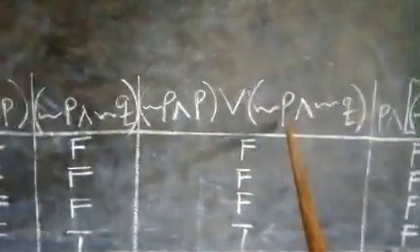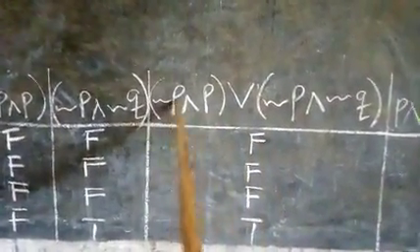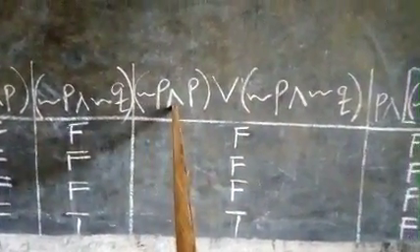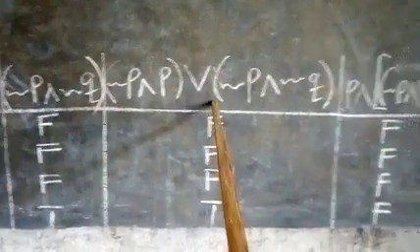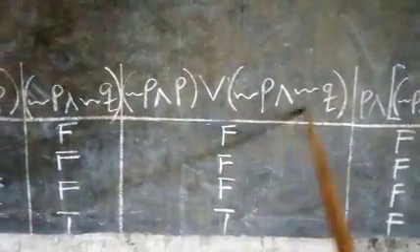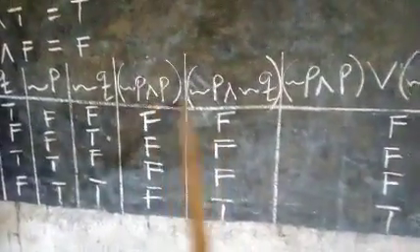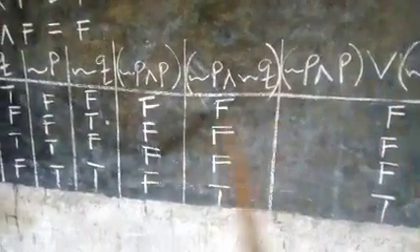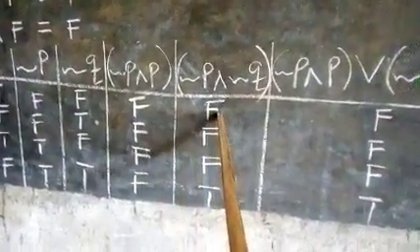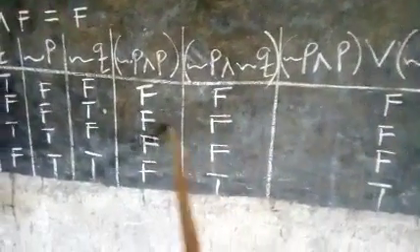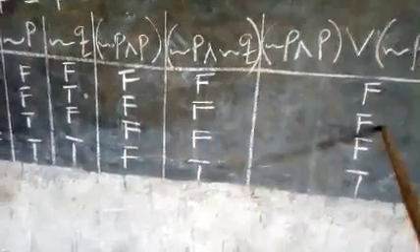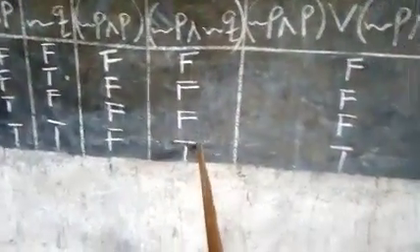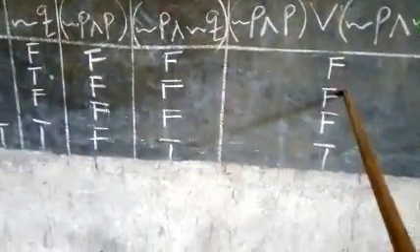The next thing is to take these two expressions together with the sign or: negation P and P, or negation P and negation Q. F or F gives F. F or F gives F. F or F gives F. F or T gives T. So we have false, false, false, true.